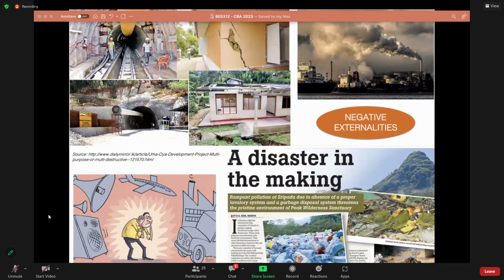These are the problems with drinking water and damages people in the area were experiencing. Then air pollution due to industrial activities or a particular project taking place, a construction project taking place. So all of those are negative externalities.